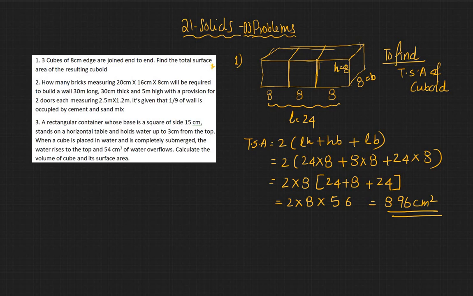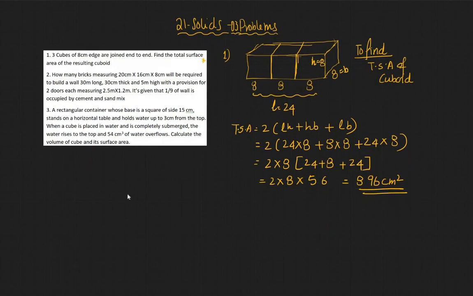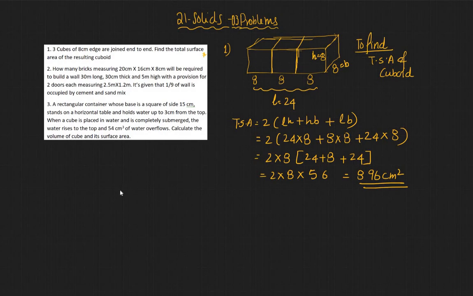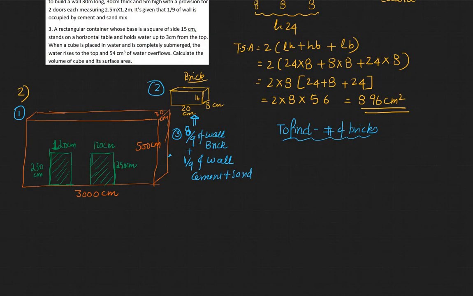So that is how the problem is solved once we are able to visualize how the given information needs to be represented. So let's now try to visualize the next problem. I urge you to pause the video here and try to draw and represent the given information. So pause the video here.